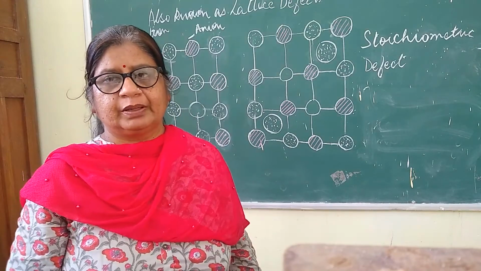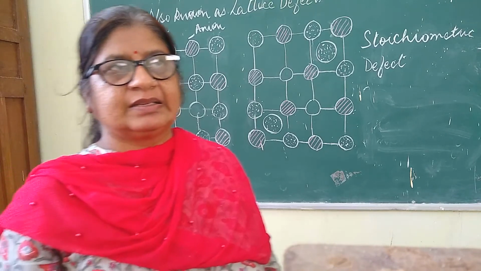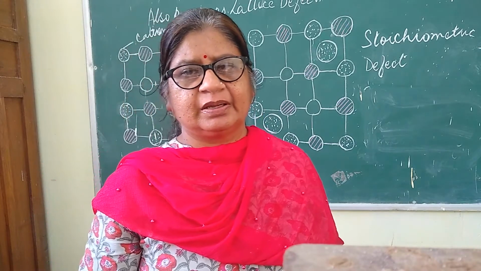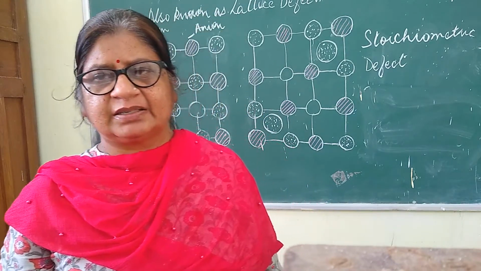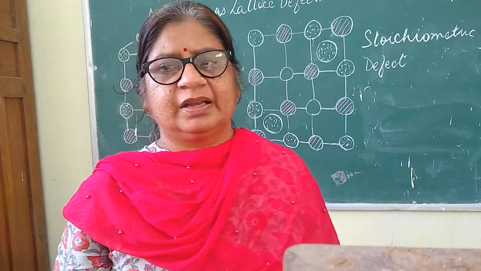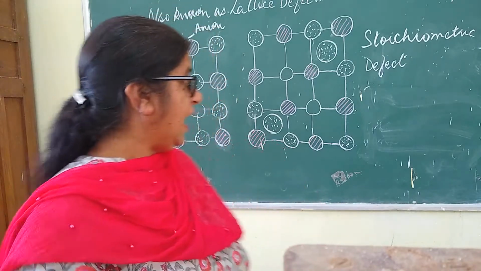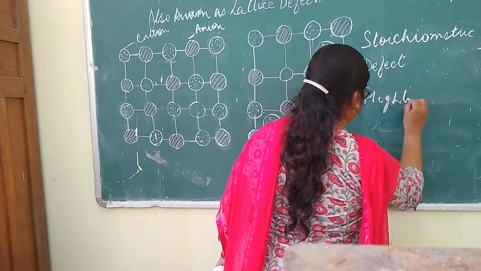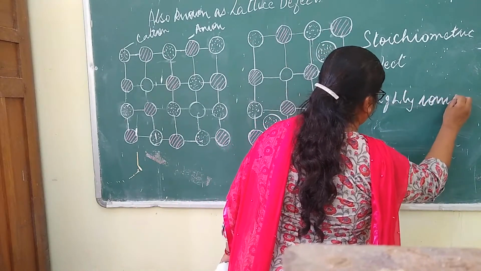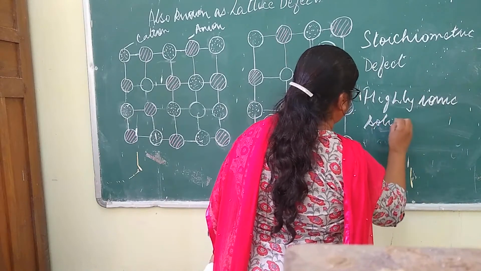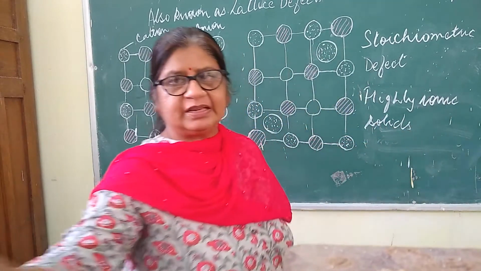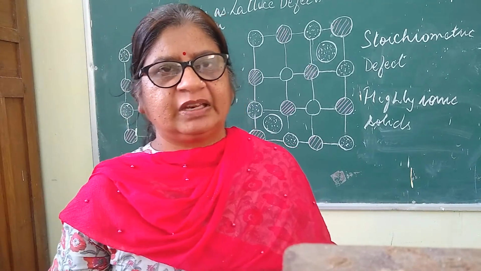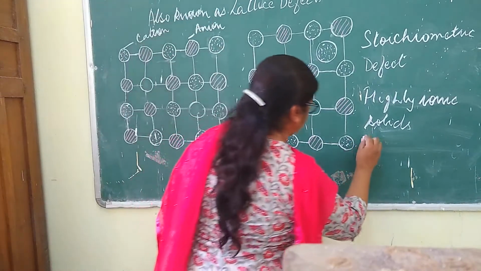Now, when these holes are there, the number of the ions remains the same. This defect is observed in highly ionic solids, and these compounds also have a high coordination number.